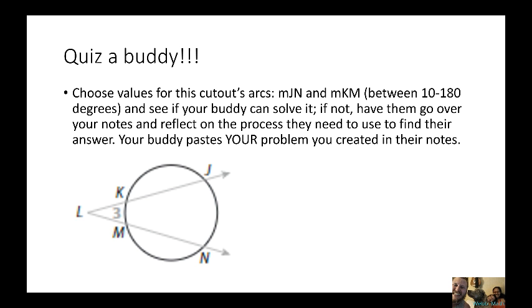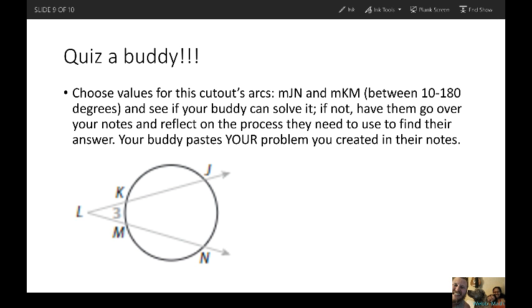All right, quiz a buddy. I want to do something a little different today. You're going to choose some values for the arcs, anywhere between 10 and 180 degrees, and see if your buddy can solve it. Just remember that JN has got to be bigger than KN. So you're going to find some numbers, some degrees here and some degrees here, and then your buddy has to solve for your exterior angle.